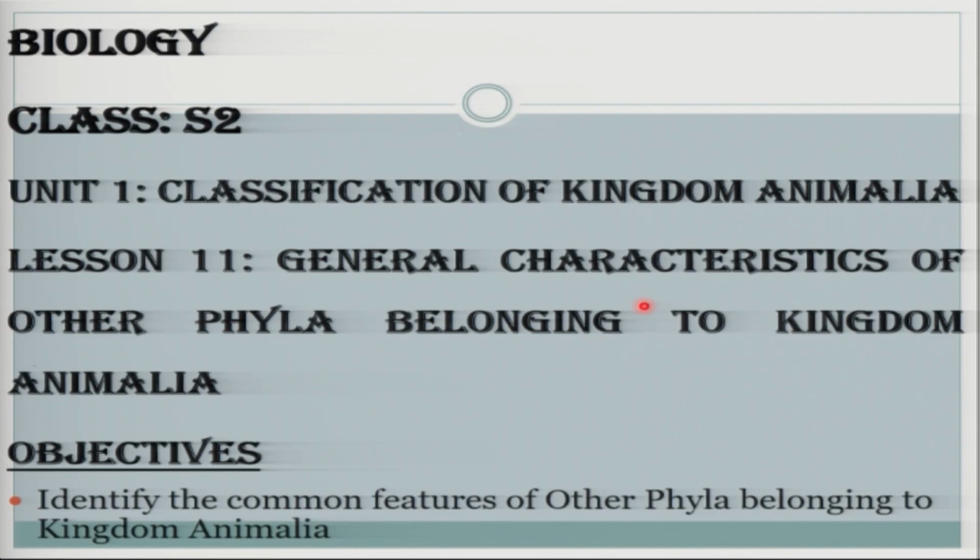In other words, we shall look at those different phyla that belong to kingdom Animalia and their respective characteristics, and examples, apart from those big two that we have been looking at all along. Everybody here will have to understand the common features that other phyla that belong to kingdom Animalia possess.